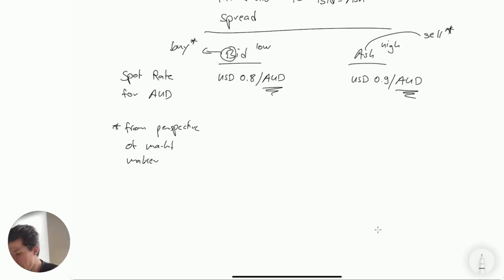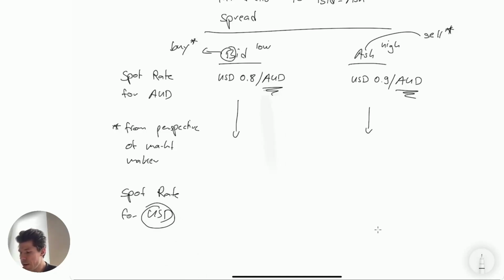Good. Let's talk about the spot rate for the US dollar. Let's take the inverse, because again, we want to know more about the US dollar. This currency pair where AUD is the base currency doesn't help us, so let's take the inverse.